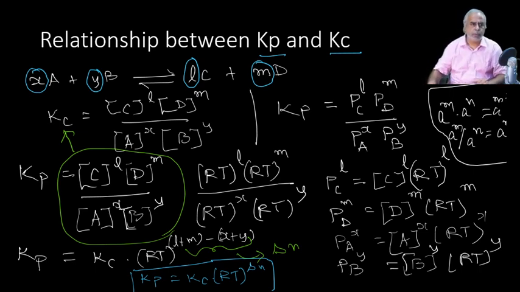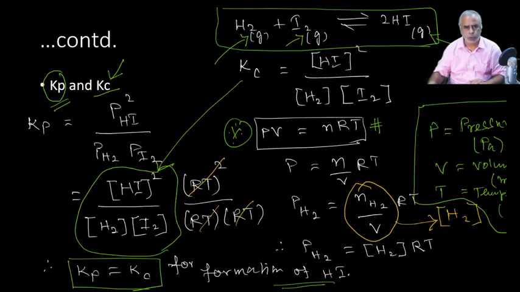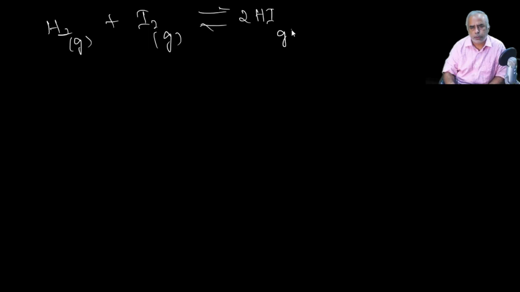Now we can apply this in the previous case also. We discussed the formation of hydrogen iodide. Let us try to involve this equation. Here let me rewrite: H2 gas plus I2 gas gives 2HI gas. So this is all in the vapor stage, that is, gaseous state.